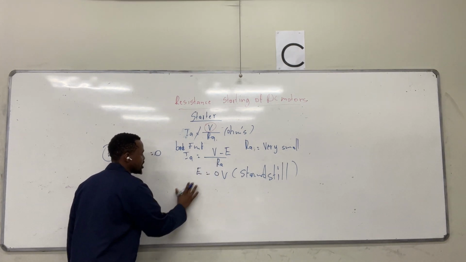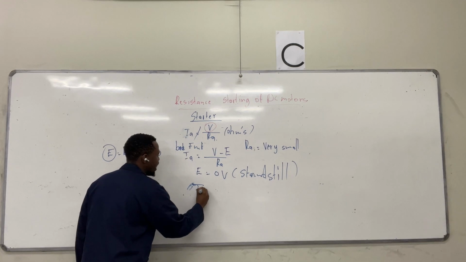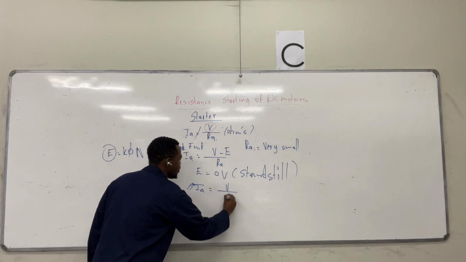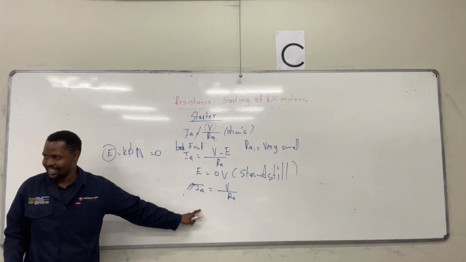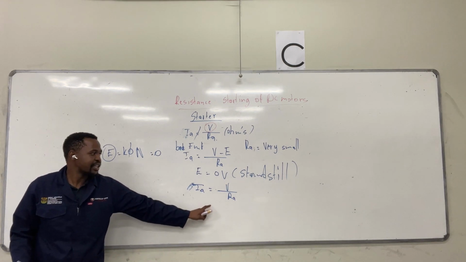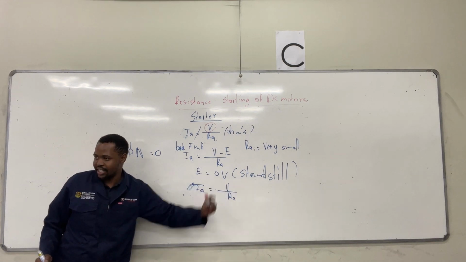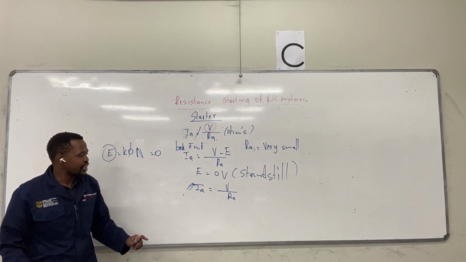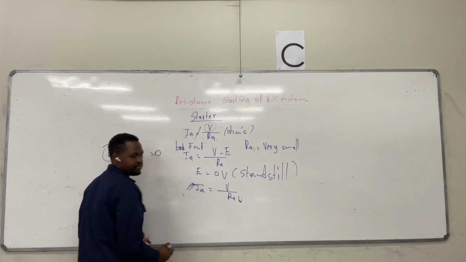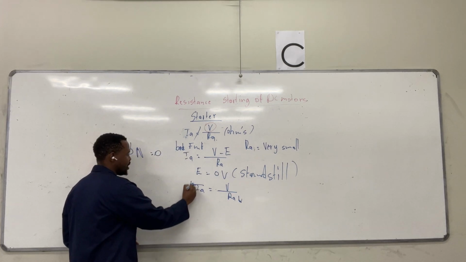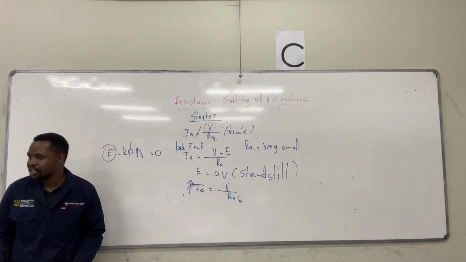High. So the starting IA equals V over RA at starting, when the motor is at standstill. Since RA is very low, meaning the armature current is very high.